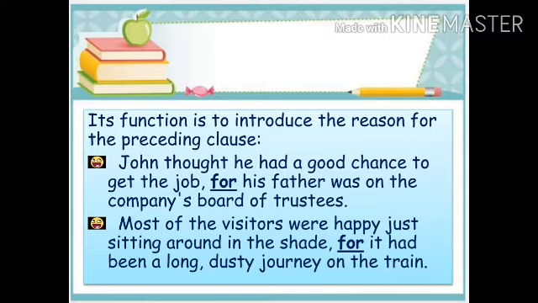For example, John thought he had a good chance to get the job, for his father was on the company's board of trustees. Next example, most of the visitors were happy just sitting around in the shade, for it had been a long dusty journey on the train.